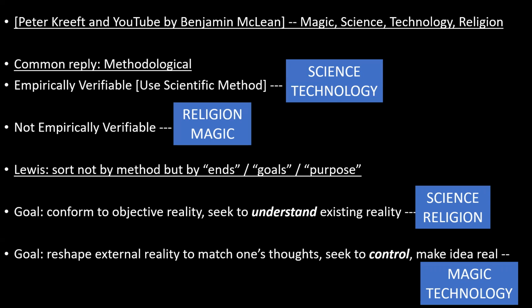So C.S. Lewis would say that science and religion go together because there is something objective that they're looking for, if you're doing science the right way, because of the love of knowledge and the love of trying to understand reality. And same thing with religion. But he's going to say that magic and applied science, which is what he means by technology, can be problematic because they're seeking to control things.